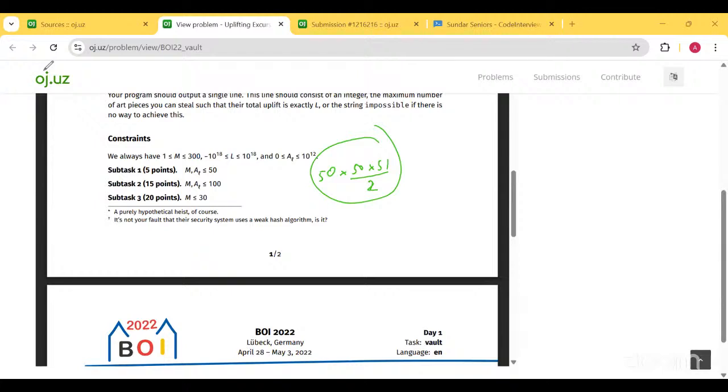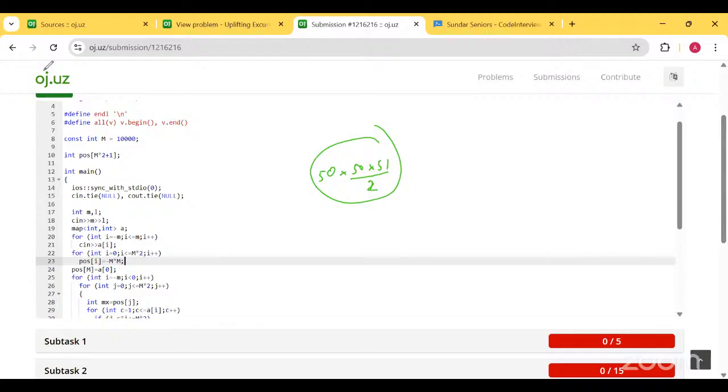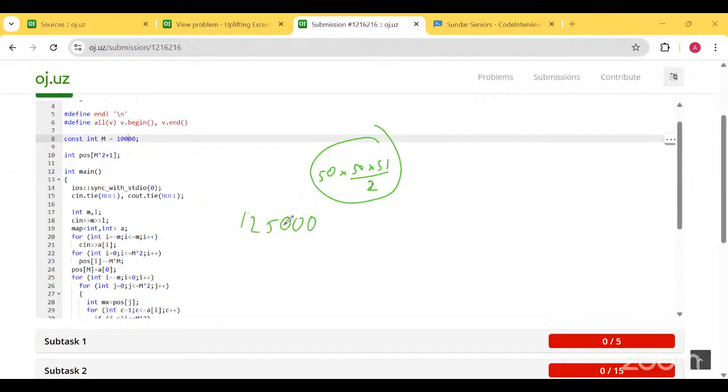What do you think? Should we make it greater? Maybe we can make it 100,000.